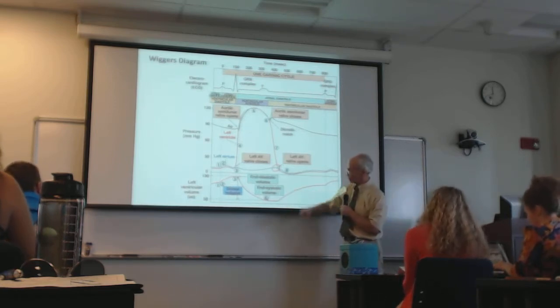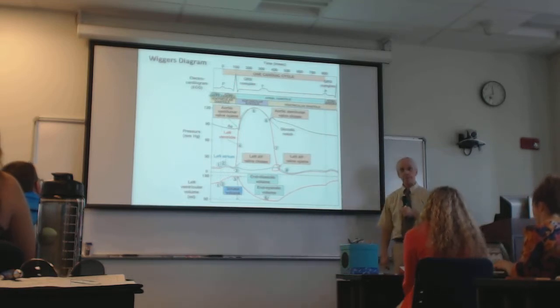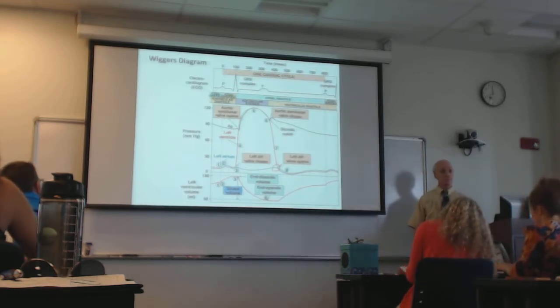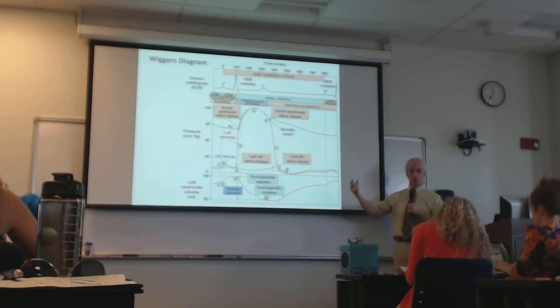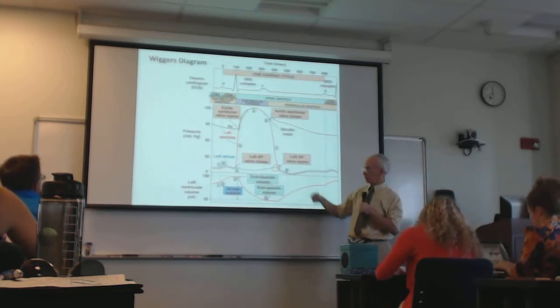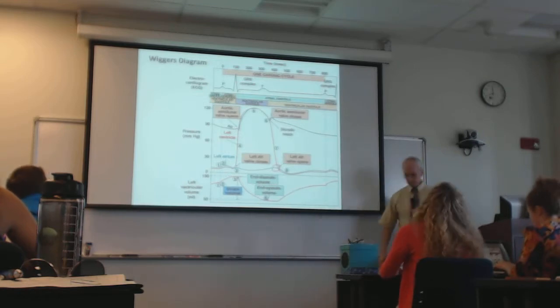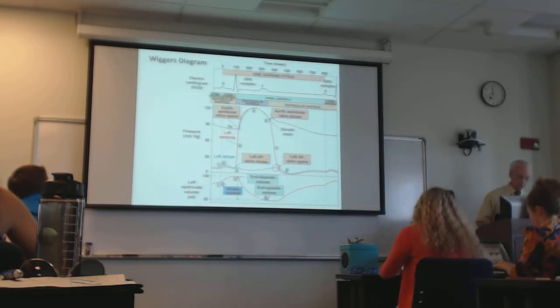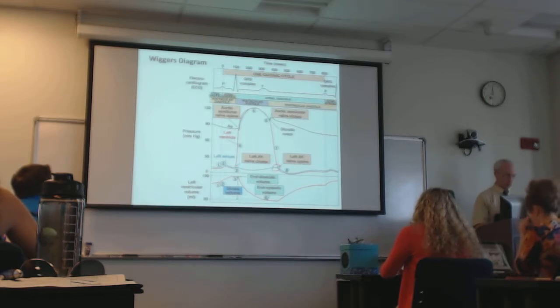And then what is end systolic volume? Exactly right. That's the volume remaining in the ventricle following the ejection, following systole. And remember, in our little simplification, that's going to be about 65 mils.